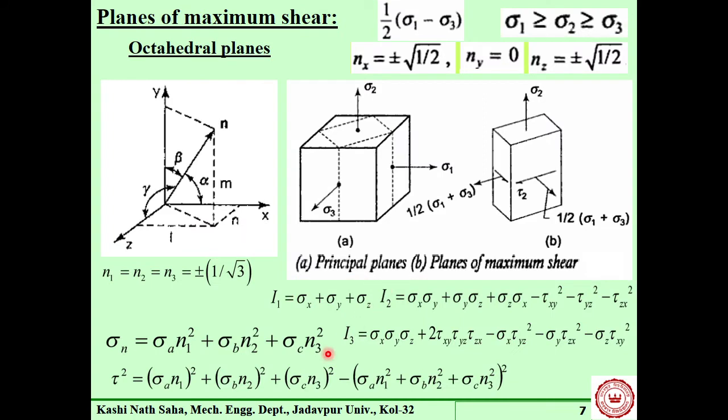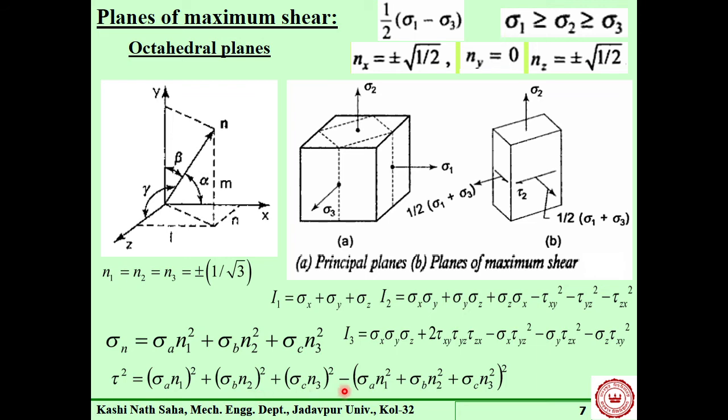Okay. Some manipulation is carried out here. Here we are getting 1/3, and another square is there which is making it 1 by 9, right?